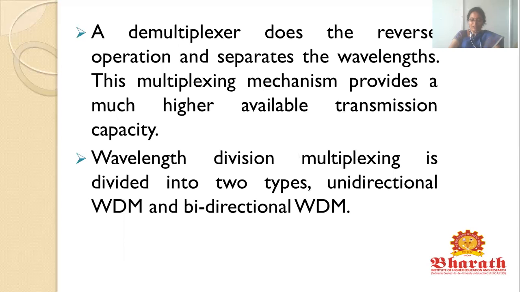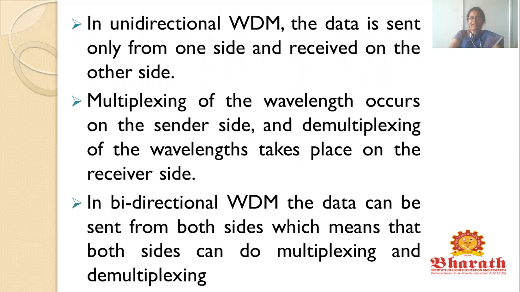In unidirectional WDM, the data is sent only from one side and received on the other side. Multiplexing of the wavelength occurs on the sender side and the demultiplexing of the wavelength takes place on the receiver side.